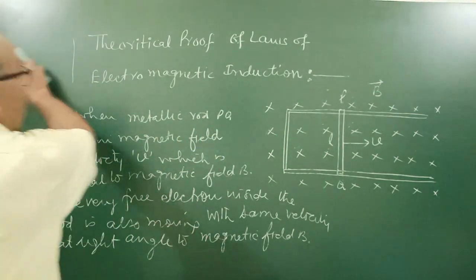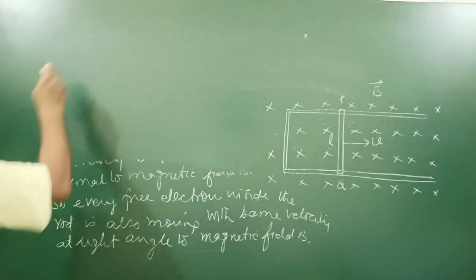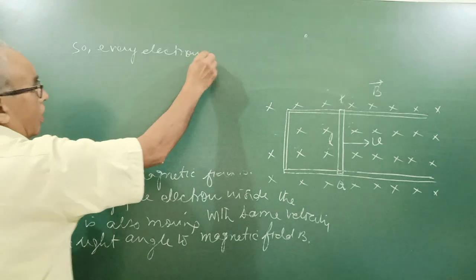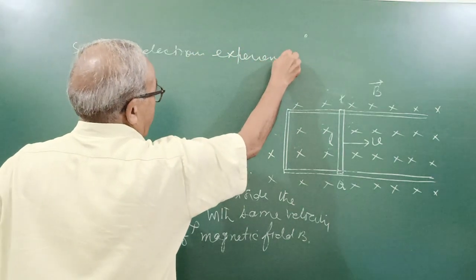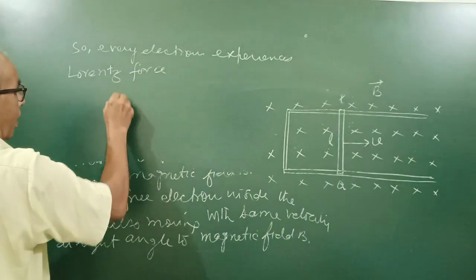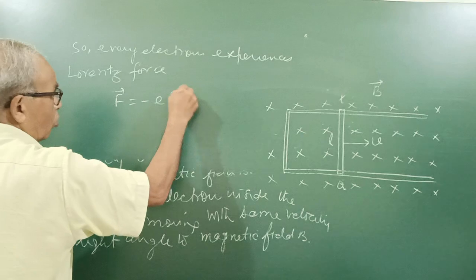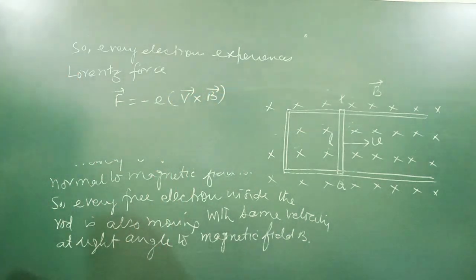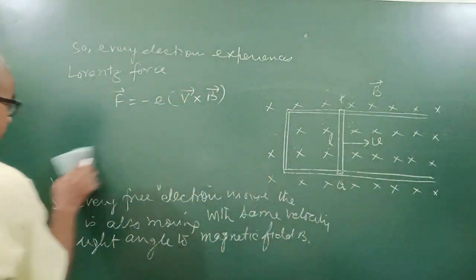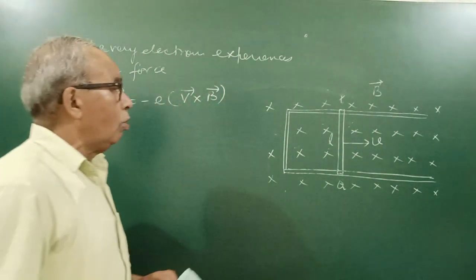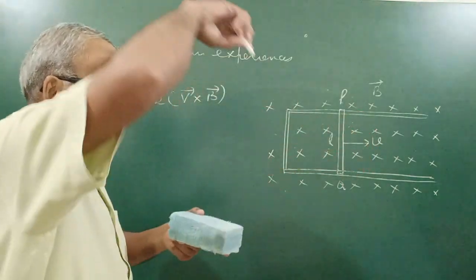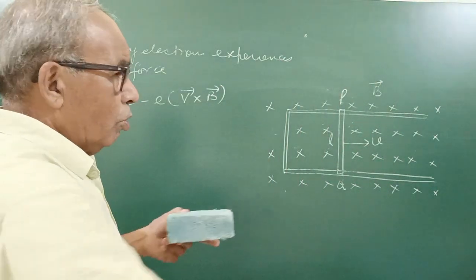So every electron experiences Lorentz force, vector F equal to minus e into V cross B. The direction of this force according to the cross product rule will be from P to Q. V cross B: V is this, B is this.